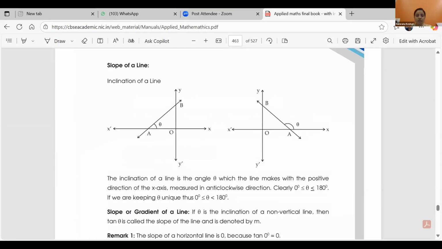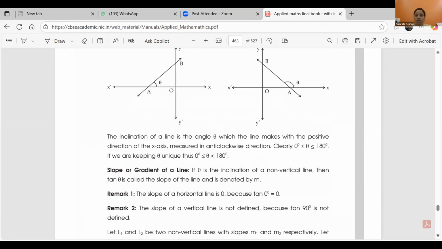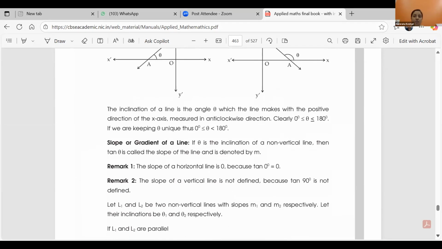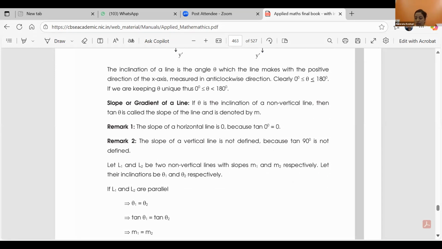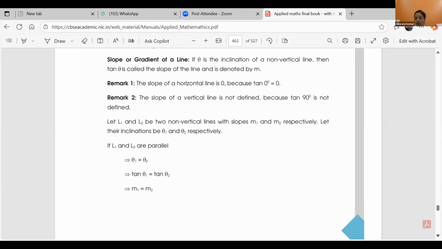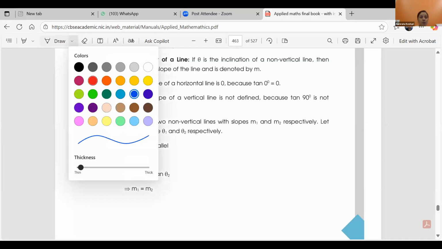So yes, you are having your book, Nabila, Aisha, Manvi, Neha. You all are having the book online, offline, whatever. You will be able to find these things, whatever is going on over here, in your book as well. See, we have so far covered that if L1 and L2 are parallel to each other, then their slopes M1 and M2 will be equal, right?